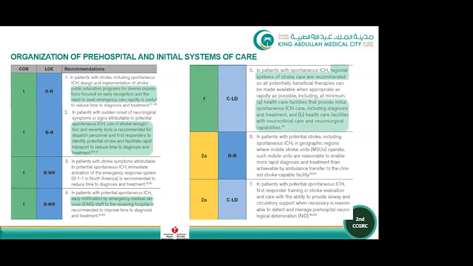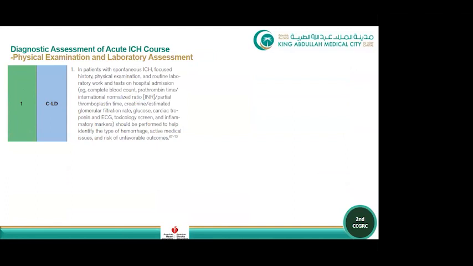The centers that receive these patients should have the capability of providing expert consults with a neurocritical care team or stroke team, as well as neurosurgical intervention capabilities. In terms of physical examination and initial laboratory assessment, there is a strong recommendation with a moderate level of evidence that history, physical exam, and the routine labs shown here should be obtained in the initial assessment.